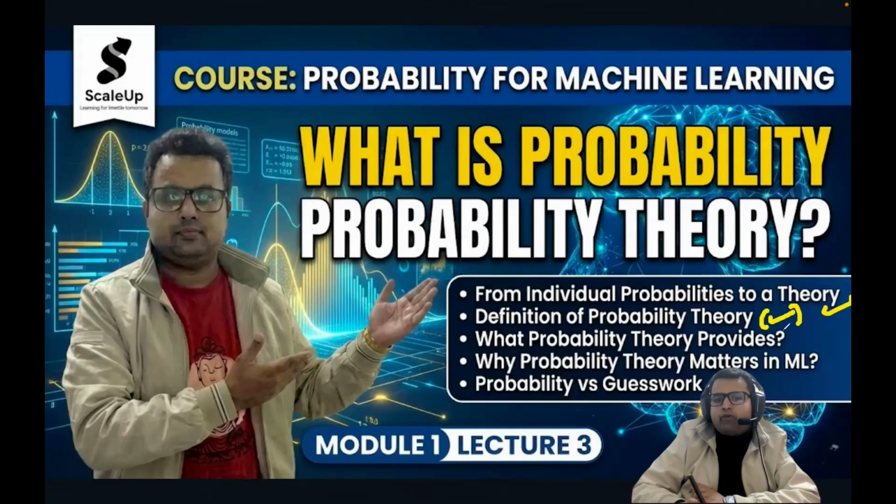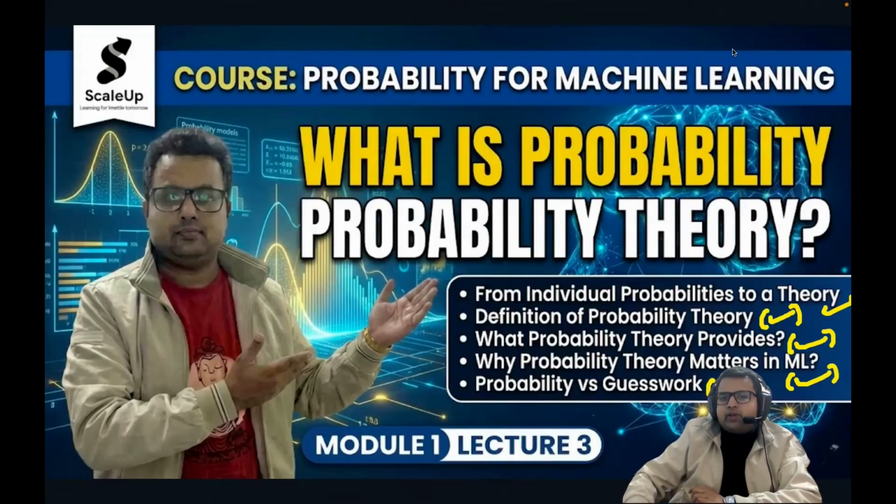Then what probability theory provides, and why it matters in machine learning. Finally, we will conclude by comparing probability with guesswork. Probability is not guesswork; it is very different, and we will discuss that. We will cover these topics one by one.